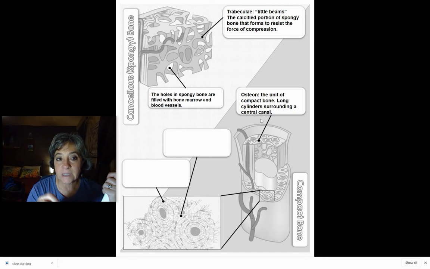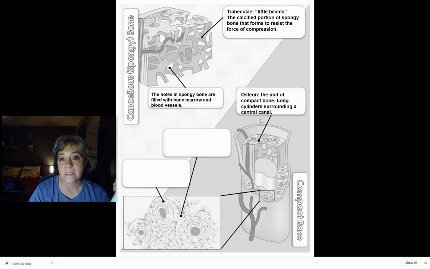And it's basically just a bunch of cylinders that are very long, and they are surrounding this central canal. So picture a bunch of straws that you are holding in your hand together. Each straw would be an osteon, and it has a canal in the middle of it, and they're all bunched together.